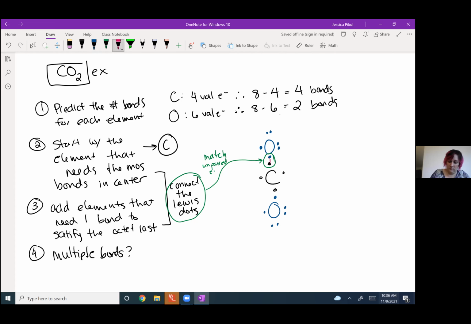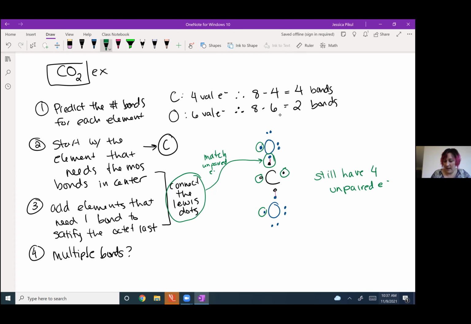And I match these up. Then if I look at this, I still have 4 unpaired electrons, and I have no more atoms that I can use to form bonds. I need everything to have an octet, so this won't work right now.